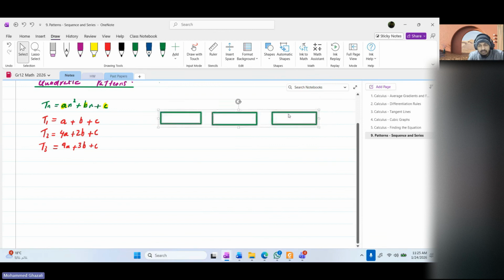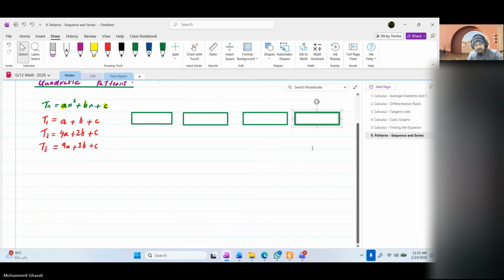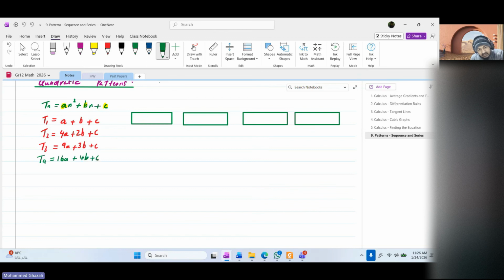We can put one more term here. I want to put term 4. If you're looking at term 4, you can check this out: term 4 will be 16a plus 4b plus c.